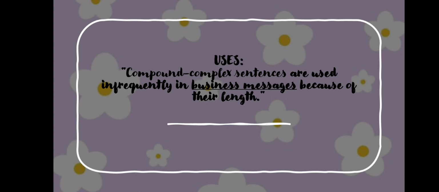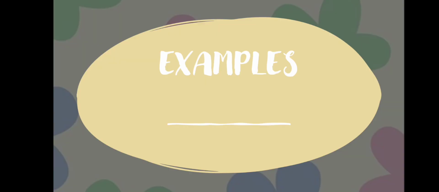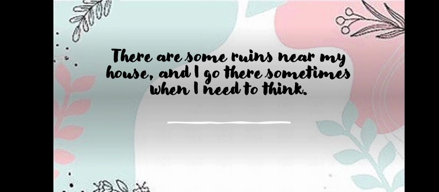It is the most sophisticated type of sentence you can use, right? Understanding how to construct the compound complex sentence will help you take your writing to a new level of complexity. As you can see, here are some examples. There are some ruins near my house, and I go there sometimes when I need to think.